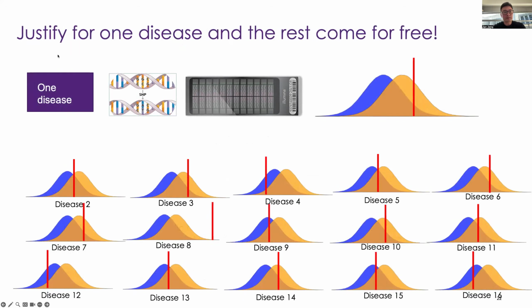And the value of the PRS may really lie in that once it's justified for one disease, the rest of the diseases almost come for free. The genotyping needed for calculating the PRS is now relatively cheap. And once someone is genotyped, polygenic scores can, in principle, be computed for many diseases at very low marginal cost.